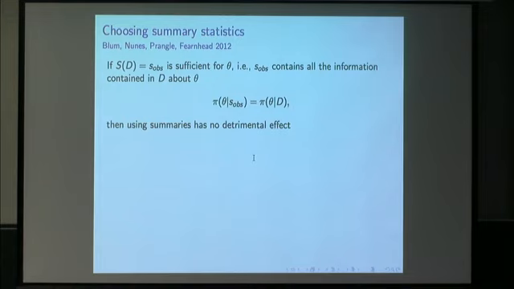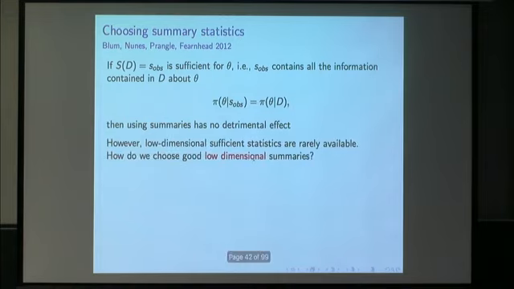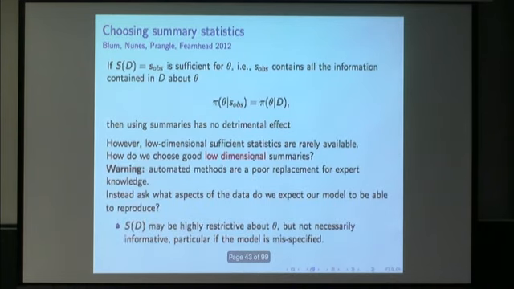So before I tell you what people do, I just want to give a warning here, really, that there's lots of automated methods for finding good summaries automatically. But I think you need to be wary of them quite often, particularly if you're in a misspecified situation. Typically how they work, they say, what summary here is particularly informative about theta? Well, they don't mean informative, they mean restrictive.